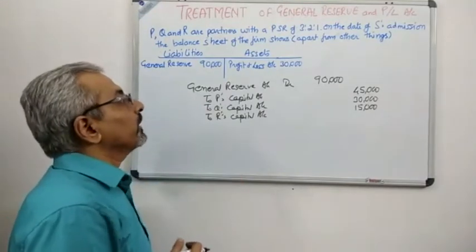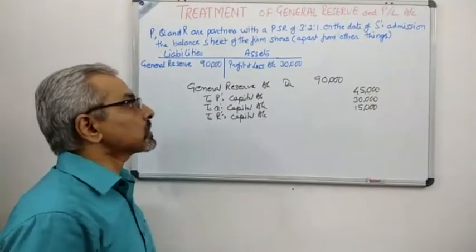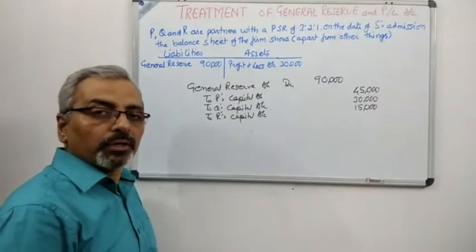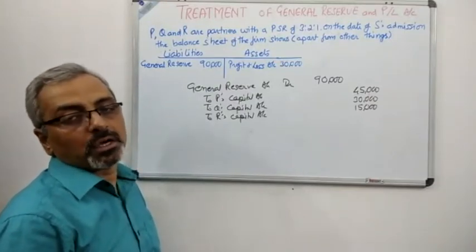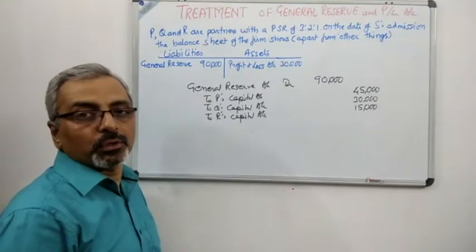Now let us move on to the next, the asset side of the balance sheet, profit and loss account, which is an accumulated loss. And when it is an accumulated loss, the partners' accounts will be debited and the accumulated loss will be credited.